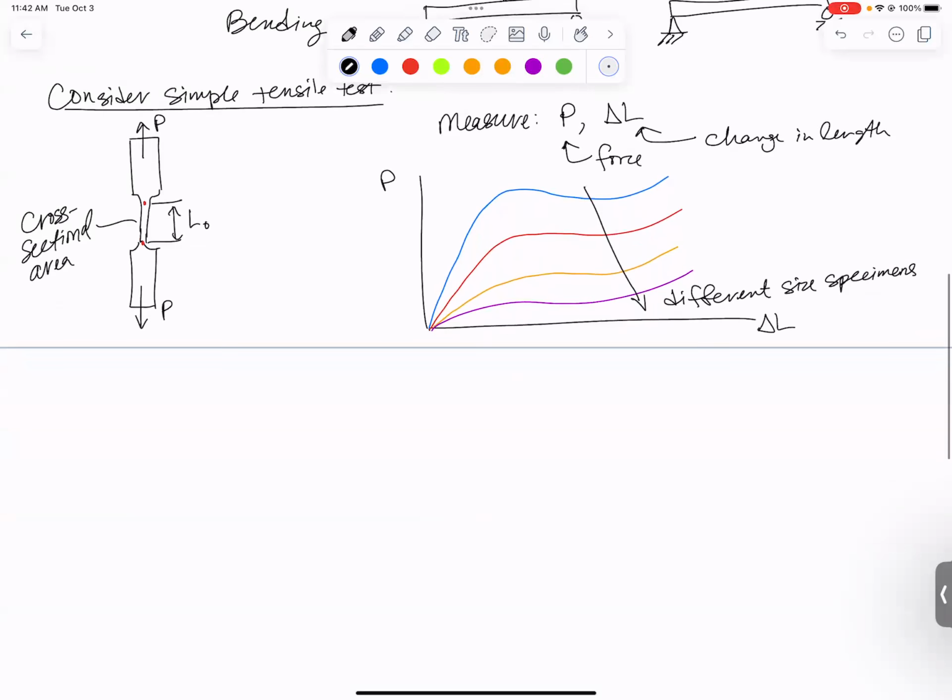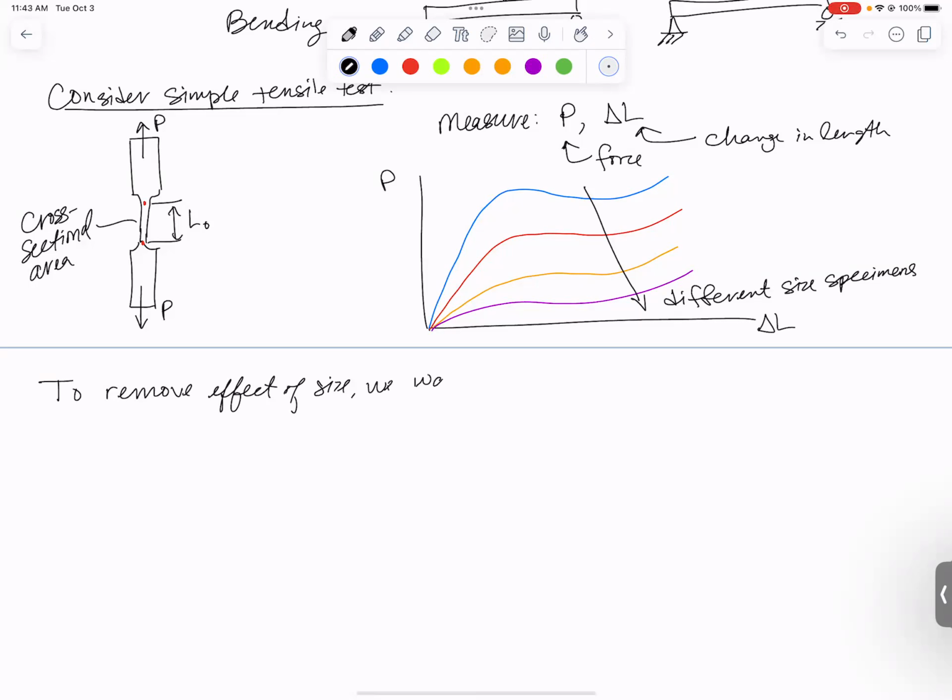So we want to try to see if there's a clever way to normalize force and normalize deflection so that I just get a single curve no matter what size my sample is. So the idea is to remove the effect of size.